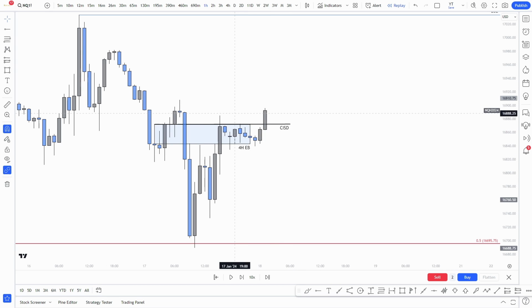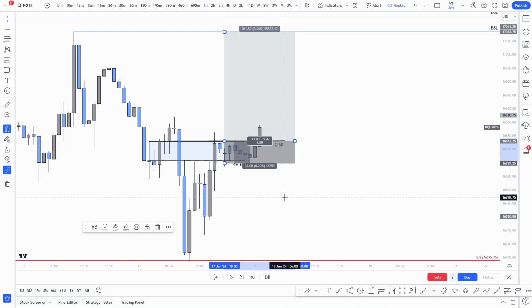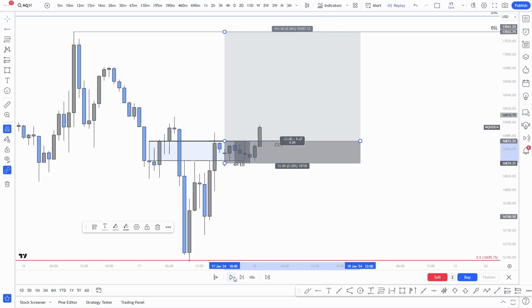Because we displaced past this range and also got a body close below this fair value gap on the hourly time frame, I would look to take a retest off the 4-hour equilibrium block to take out the buy side liquidity at 17,033. So my entry would go exactly like this, with the stop loss below the most recent low on the hourly time frame. Now let's play this out.